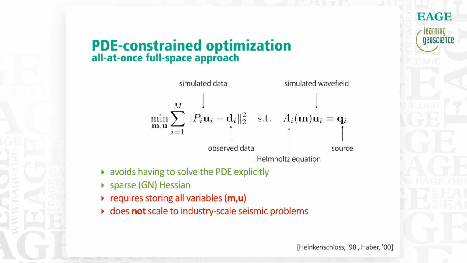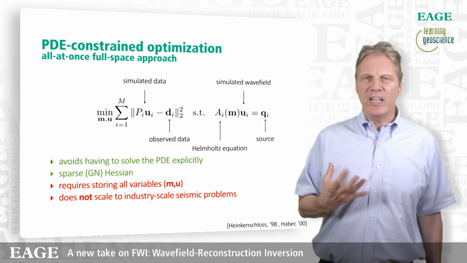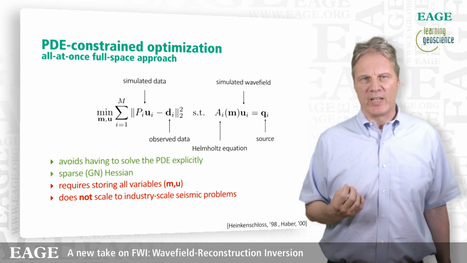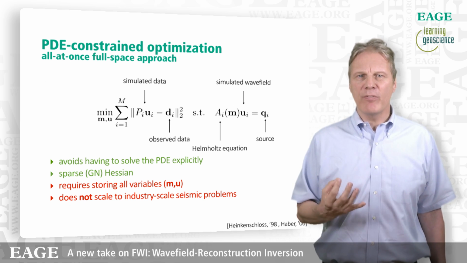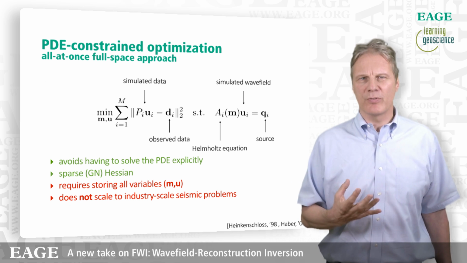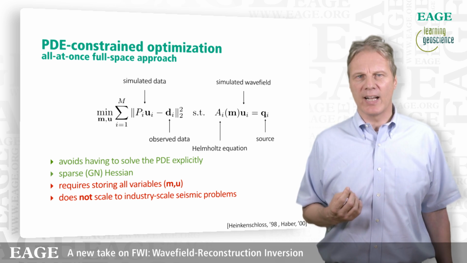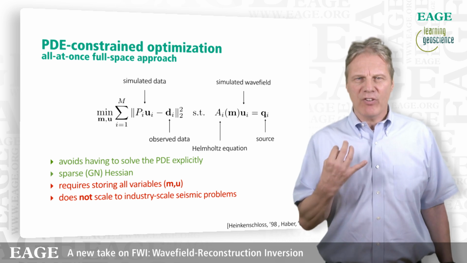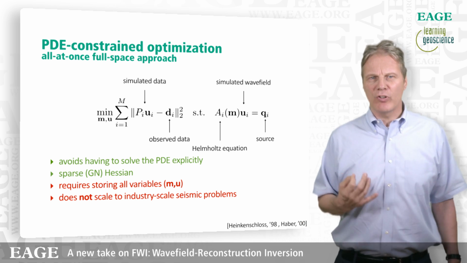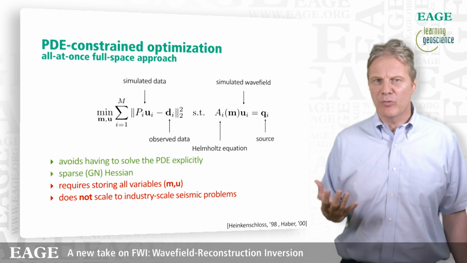Now, where does this all come from? The original formulation, that is sort of the mother of all formulations, is the PDE constraint optimization formulation, where on the one hand we try to fit the data by finding wave fields that, restricted to the receivers, will give you the observed data, subject to that you are solving the wave equation. That's a fantastic formulation because it avoids having to solve the PDEs explicitly.